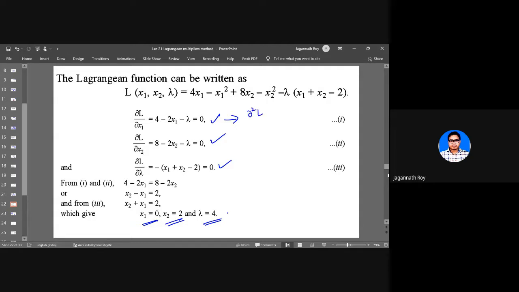In fact, we cannot claim this. If we try to find the Hessian matrix of this form, it will not be useful. Why? Because L is the augmented Lagrangian function, it is not the original function. That is why we need to do some more extra tasks. So what are those tasks? Let us observe.